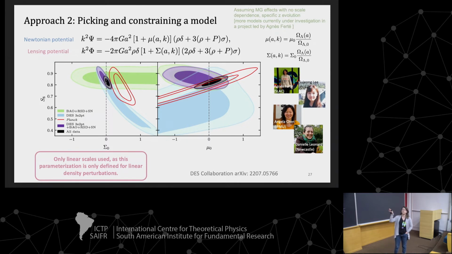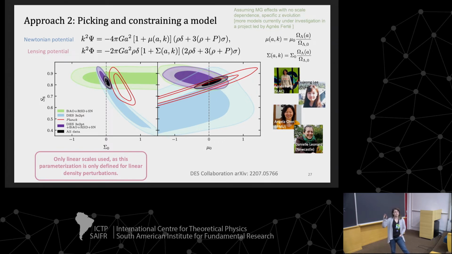There are different ways of defining these parameters. If you've seen people talk about the gravitational slip, you can use that instead of Sigma or mu, but this is the way of formulating changes to the Poisson equation that we're most sensitive to, so this is what we use. These could be generic functions. They could have some dependence on both time and length scale.